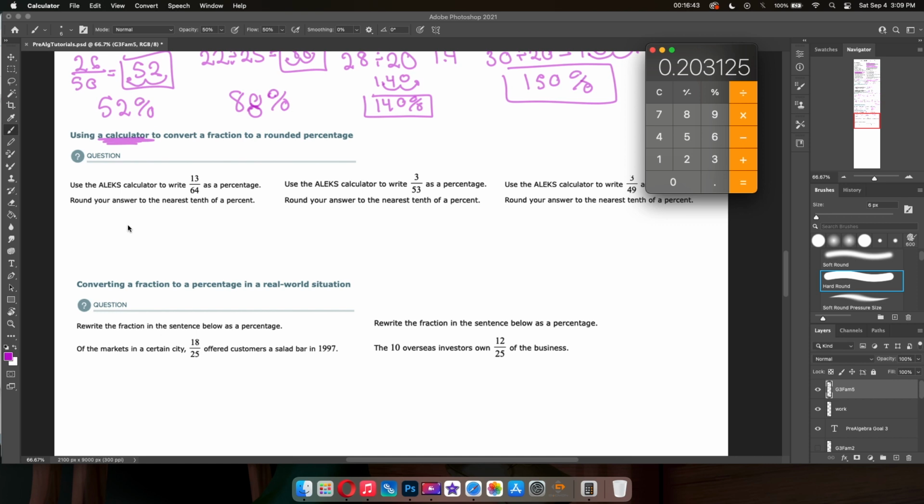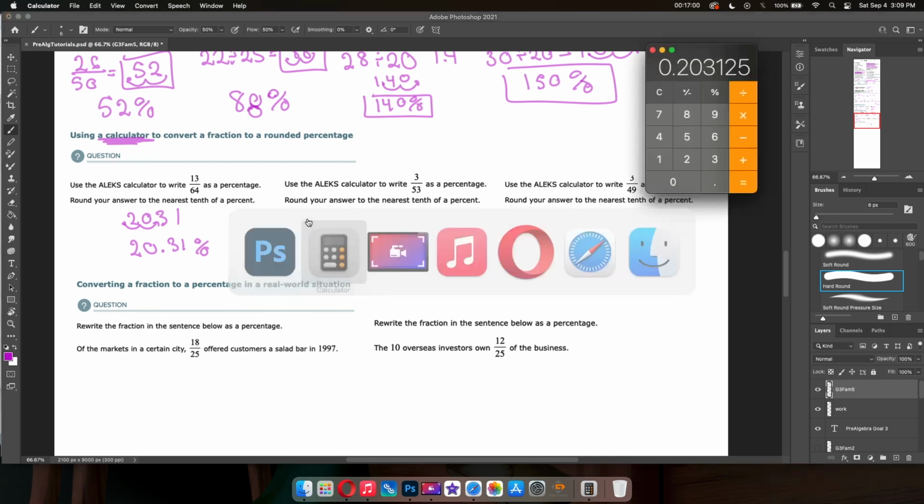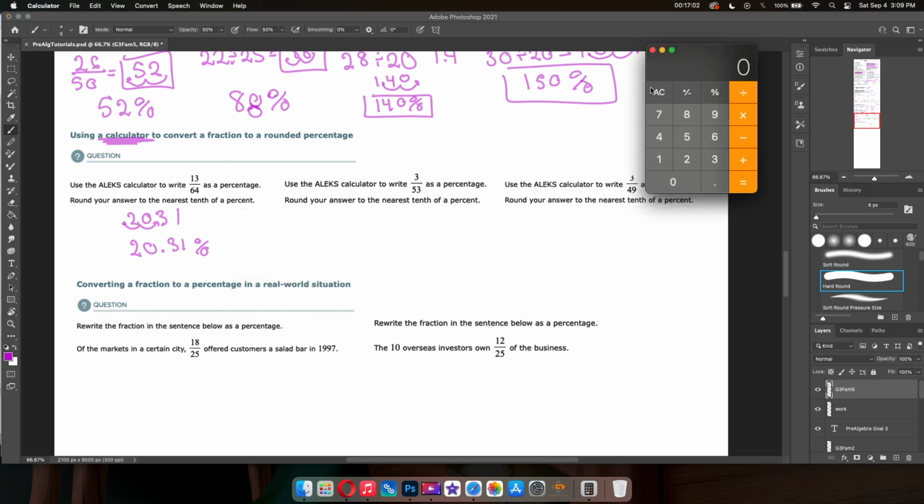Okay, that's not too bad. So it's 0.2031, and because we're converting it to a percent, we move to the right 1, 2 spaces, so it'll be 20.31%.